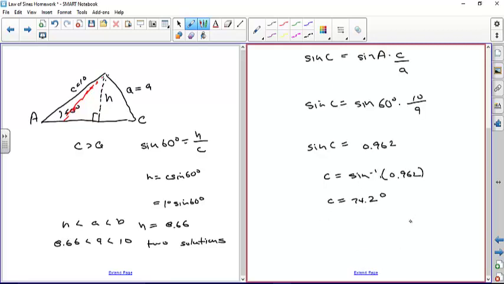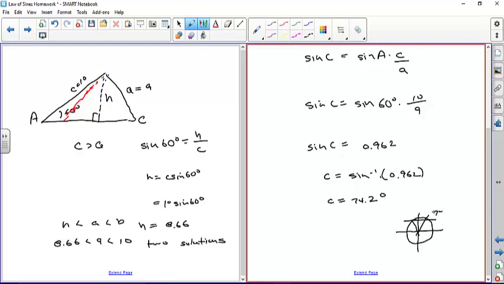Now the other solution, if you think about the unit circle, is another angle that has a sine of 0.962 is right over here, and it's going to be symmetric around the positive y-axis.